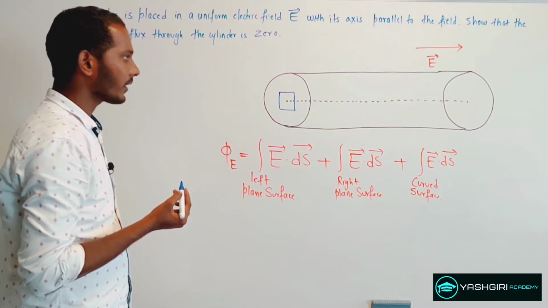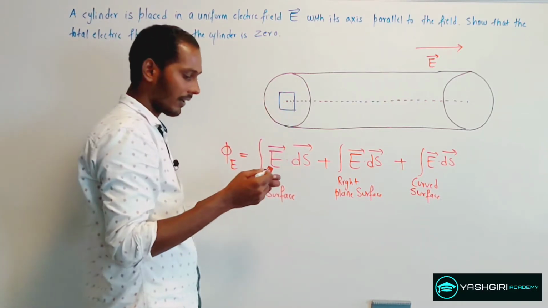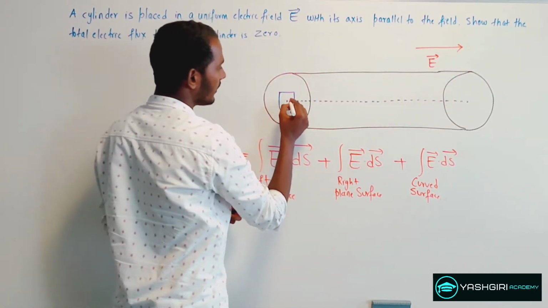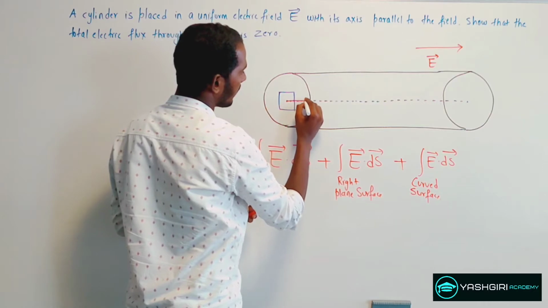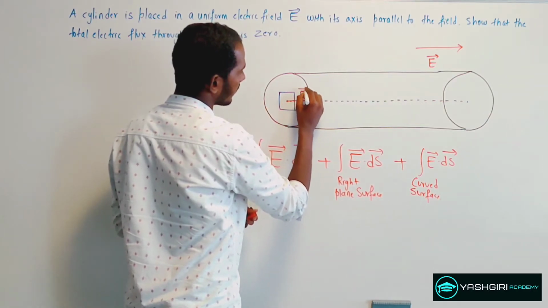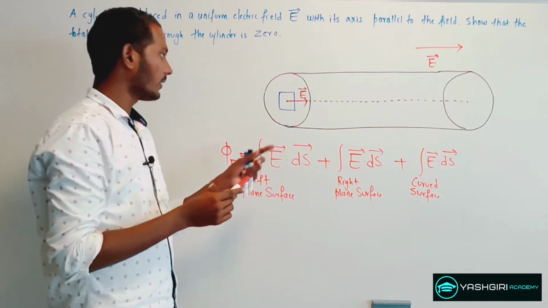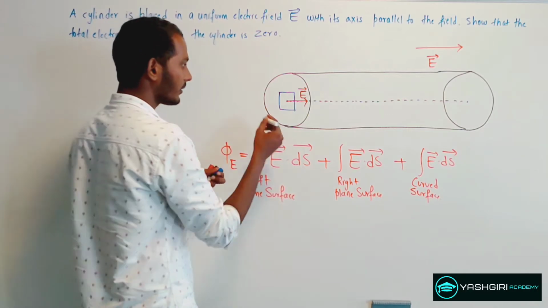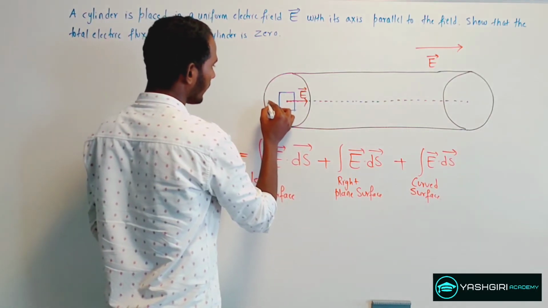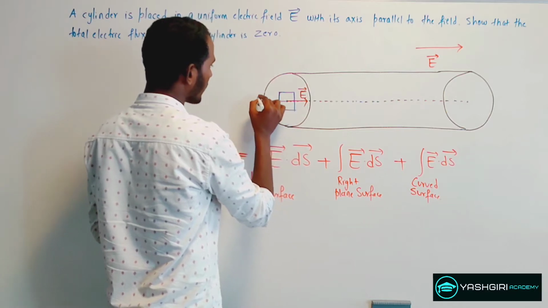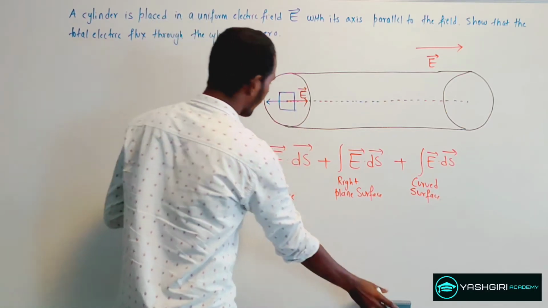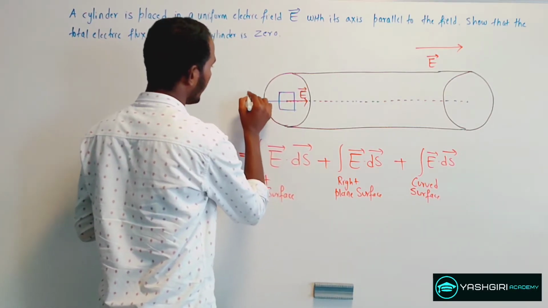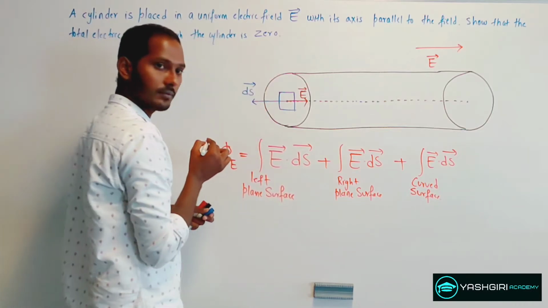If you see the direction of the electric field, it is pointing towards the right, while the direction of this surface area will be pointing towards the left. So that's the direction of your ds vector, right?